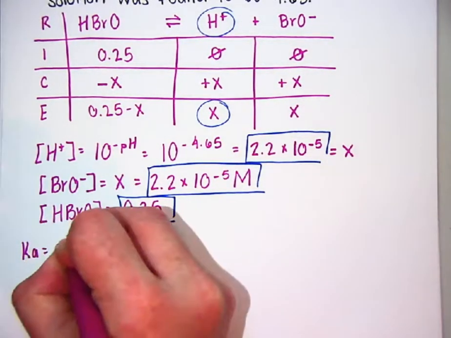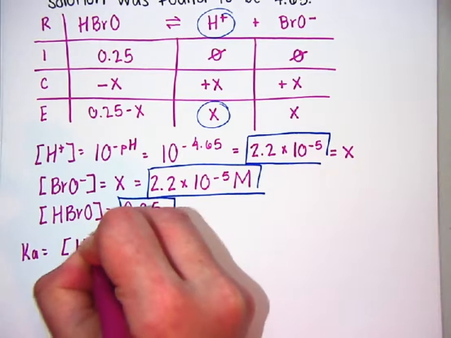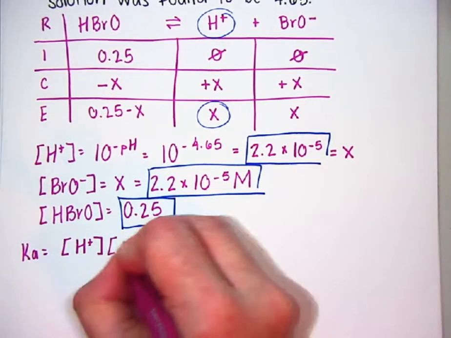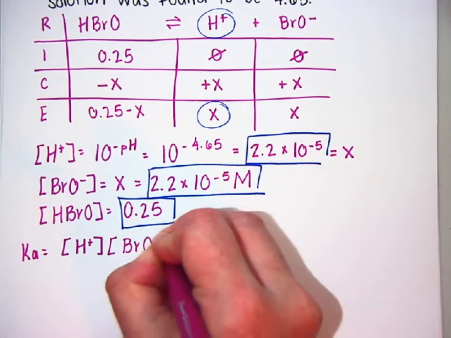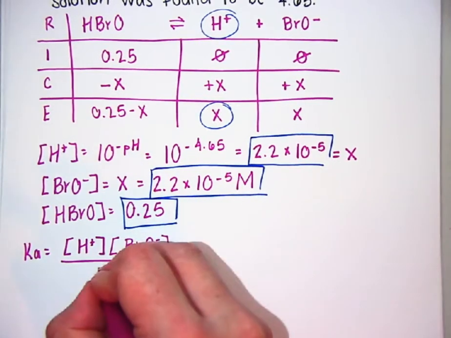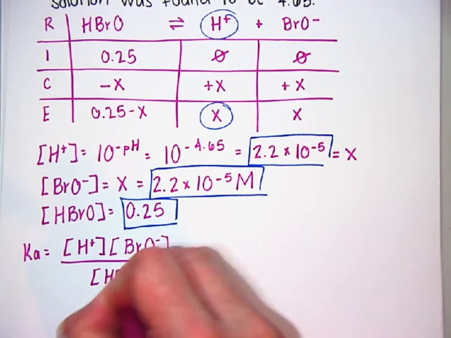Ka is equal to products over reactants, each raised to the power equal to their coefficient.